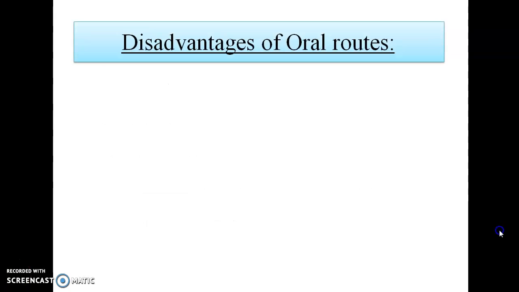Disadvantages of oral route. Onset of action is very slow because the orally given drug is absorbed by the intestinal tract, then it goes to the circulatory system, then it reaches the targeted site.